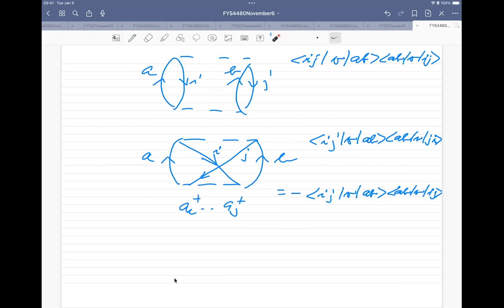So when we are then performing the calculations, then due to the different contractions which we're performing, when we do the contraction, there will be a minus sign here, and that minus sign will then take care of that minus sign. So at the end, when we set up the final expression, there's going to be a plus sign.